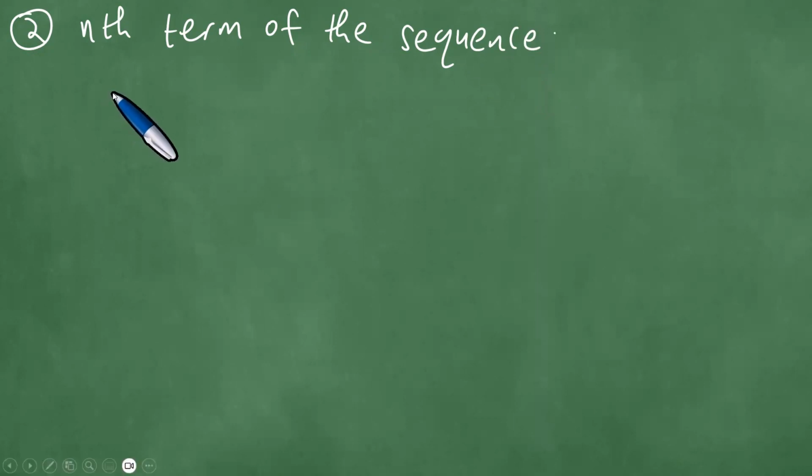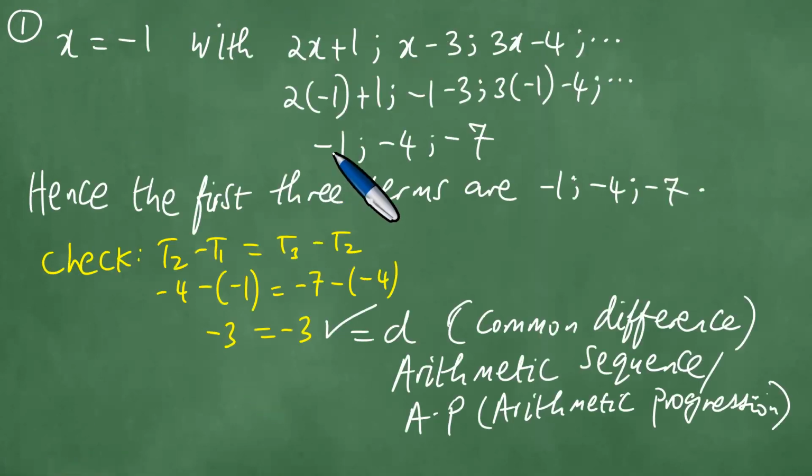Let's continue, because we are getting the nth term. We already got the terms in the previous question. What are the terms? We have -1, -4, -7.